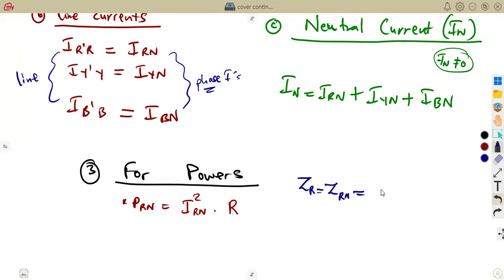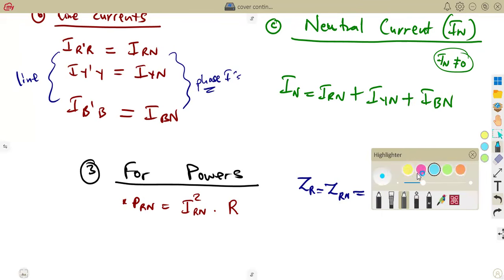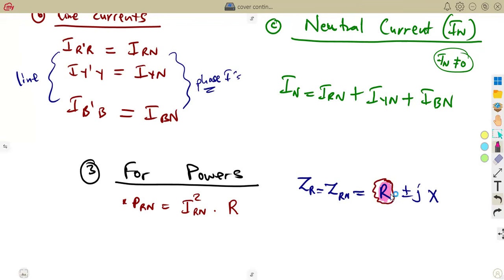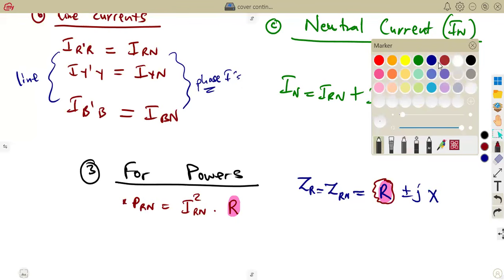From that one, you'll be given your R, maybe ZRN is equal to R plus or minus whatever that you are given in terms. But this is the resistance there that you need. This is the one that we need here. This is the resistance from ZR. Already this one is there. You calculated it. So power can be calculated from there.